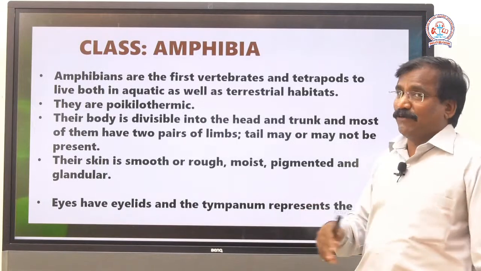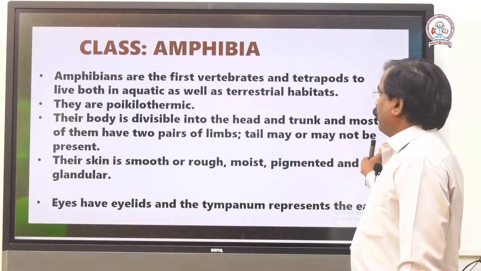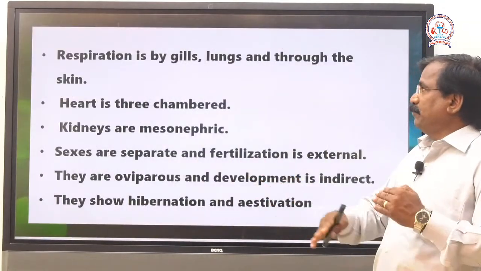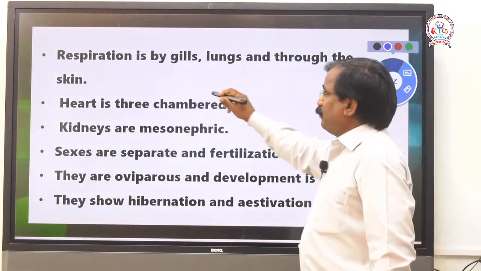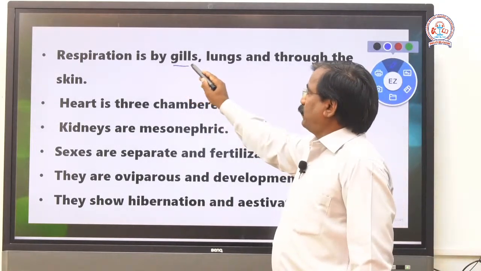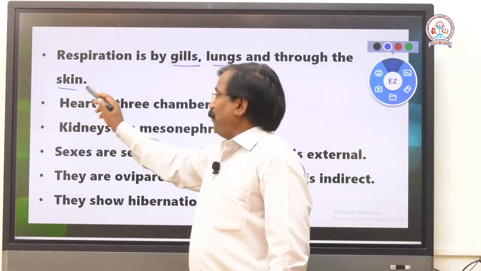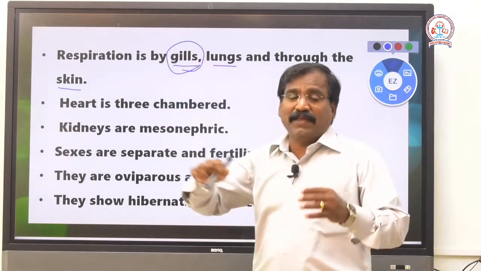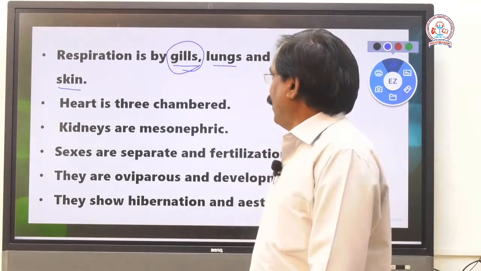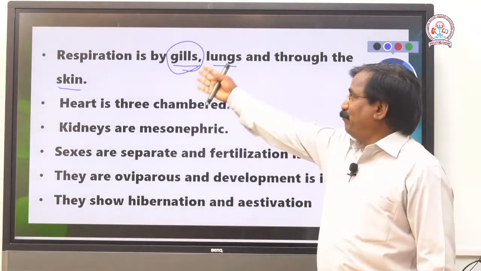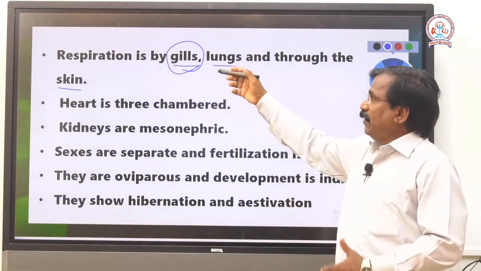Tympanum, ear, eyelids. Now how it respires is important. It respires through gills, lungs or through the skin. Amphibia undergoes transformation, so it also possesses gills when inside the water and breathes through the gills.